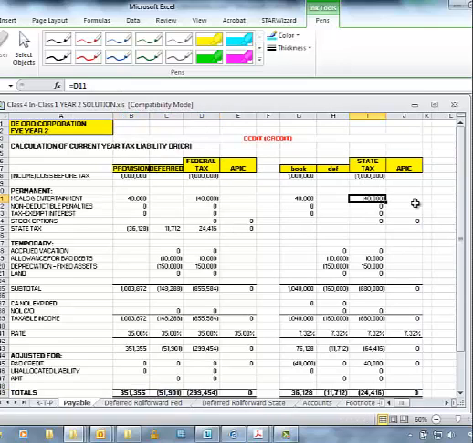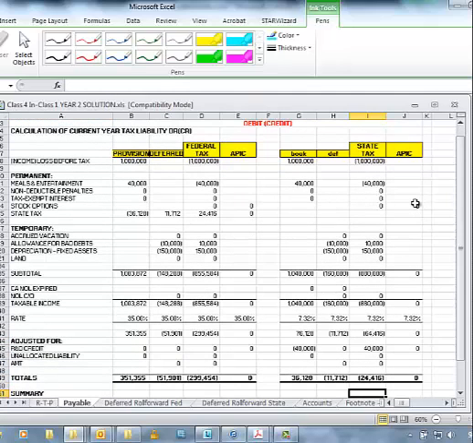I mean, we have one more perm for meals and entertainment. We got some temps for bad debts and vacation. We got some credits. Pretty basic stuff. Okay? So after struggling through that true-up, you're probably happy to see a little provision like this again, right? Where you're kind of back in the groove of what we learned the first few classes.